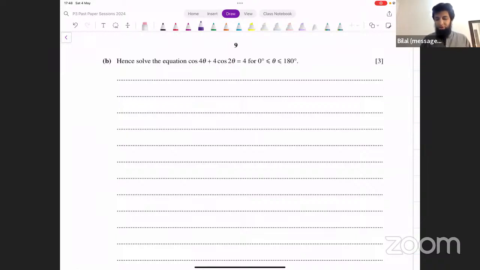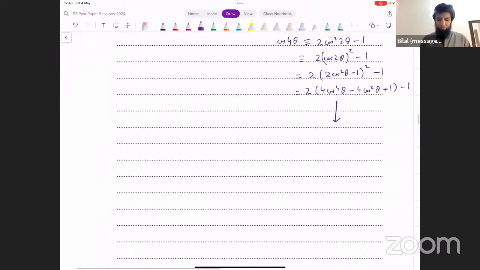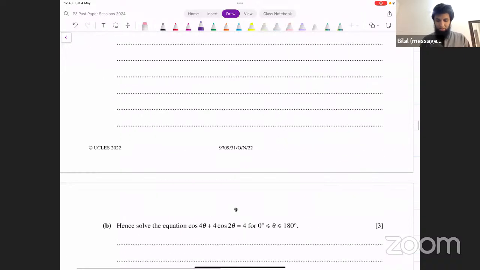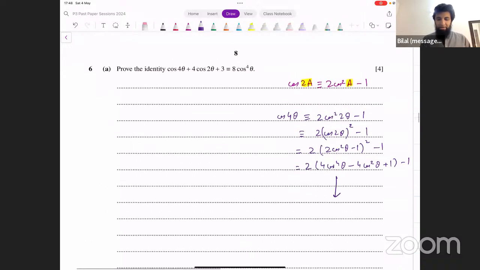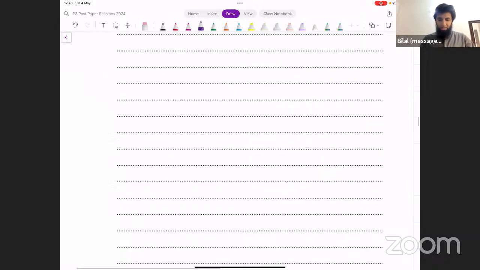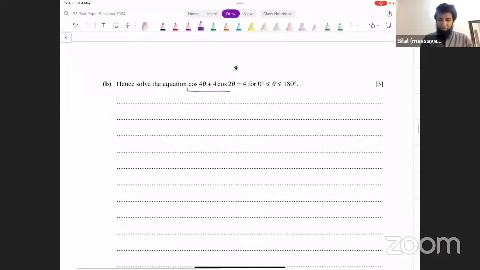In this case, make sure when you do, for instance, now this identity was that cos 4 theta plus 4 cos 2 theta plus 3, that's identical to 8 cos raised to the power 4 theta. What that means is here you only have this thing without the plus 3.